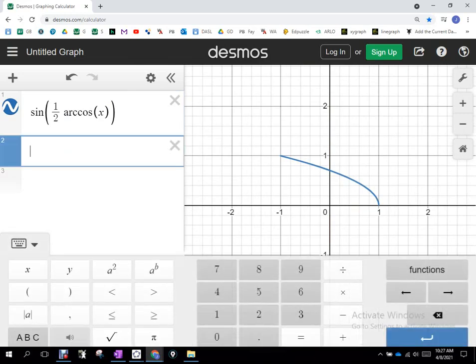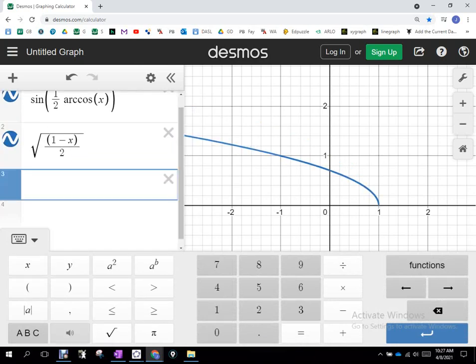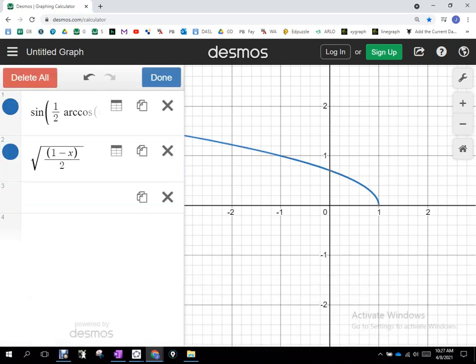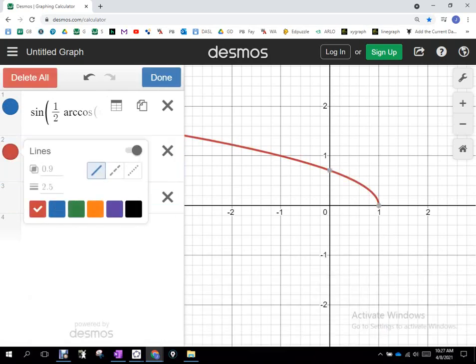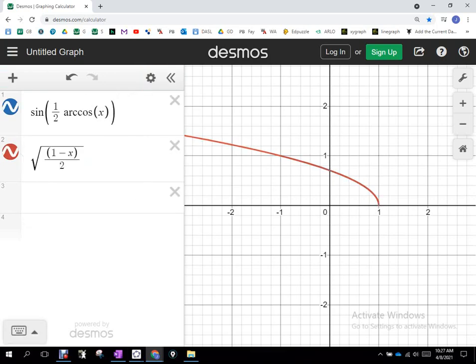Now if I type in a completely new function, square root of (1 minus x) over 2, we see that there is some overlap here. But the red function keeps going on forever, right?